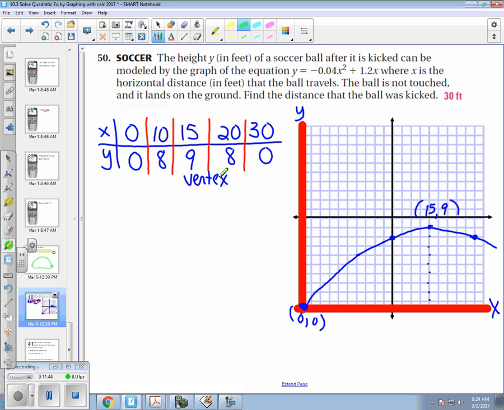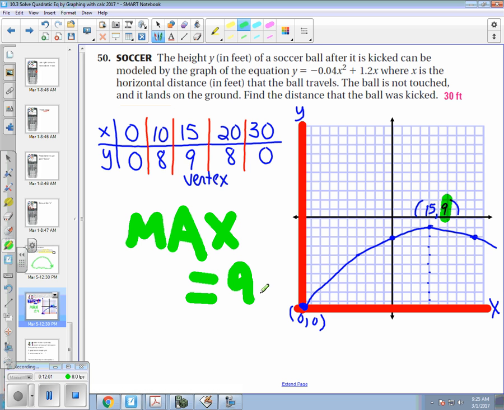We actually know that the ball only goes up 9 feet in the air, so our max on this problem is going to be equal to 9 feet. That's a little extra piece of information for you there. But what we do also know is that our ball goes out 30 feet before it hits the ground.